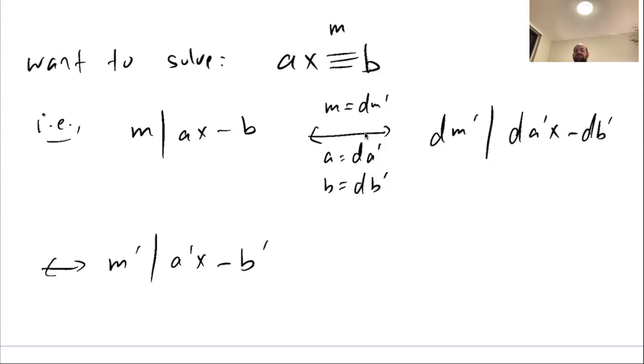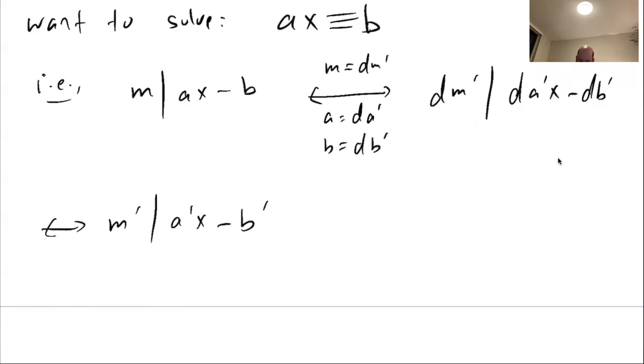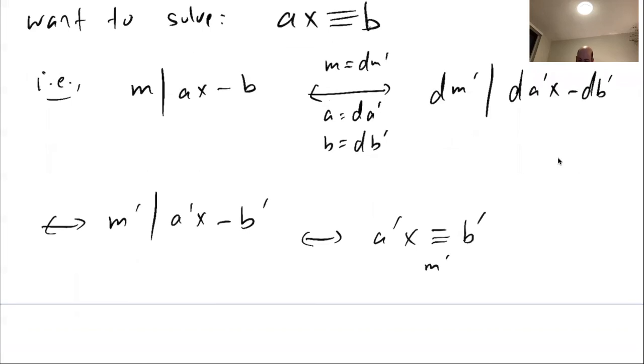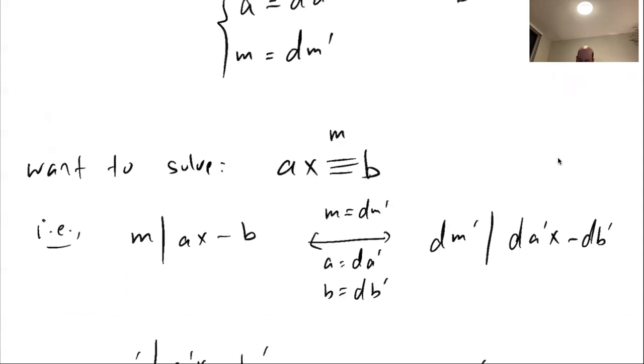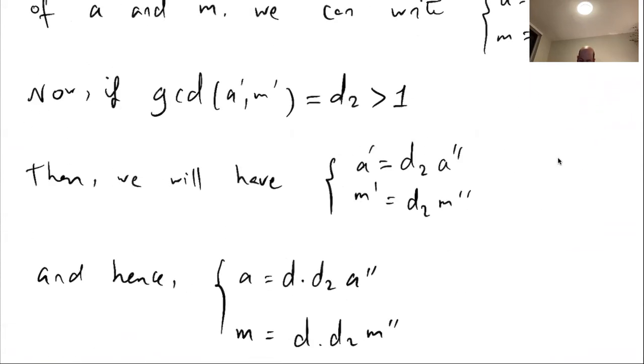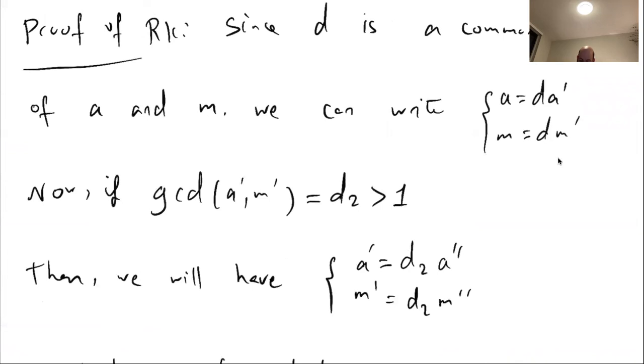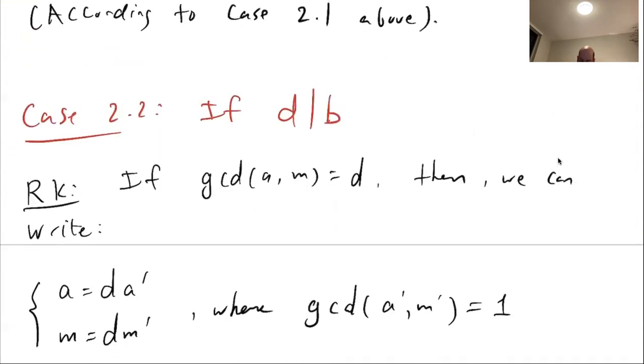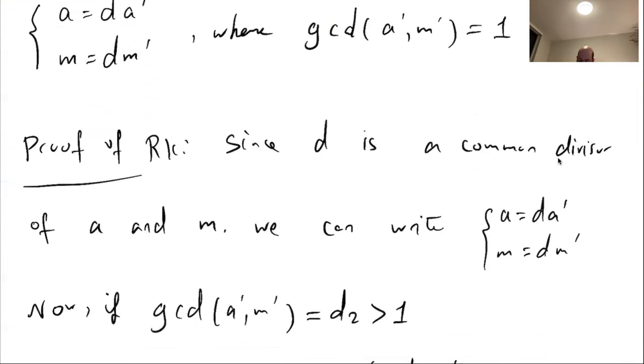And of course, this D is non-zero. And this is the same as saying that A prime X equals B prime mod M prime, with, remember, GCD of A prime and M prime equals 1, right? That's what the remark said, that if A is D A prime and M is D M prime, then GCD of A prime and M prime is 1.